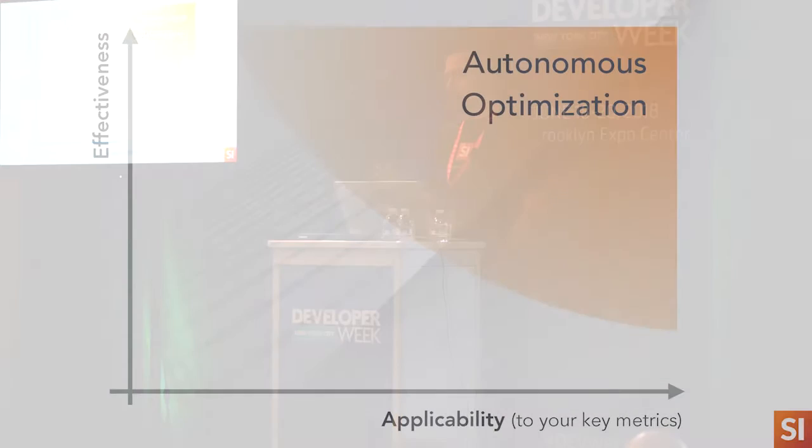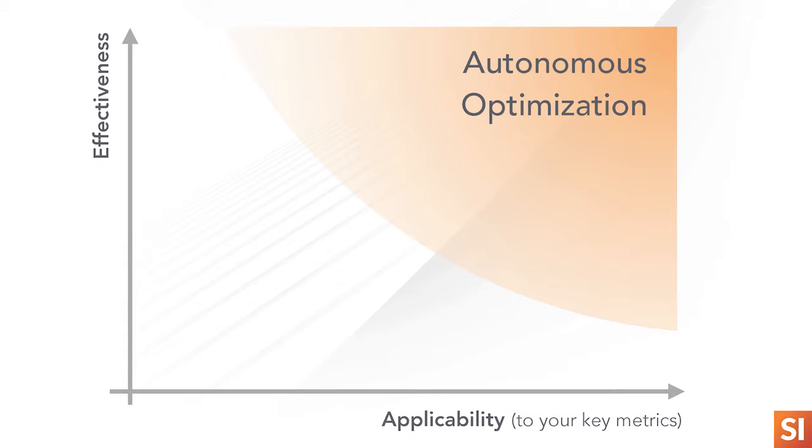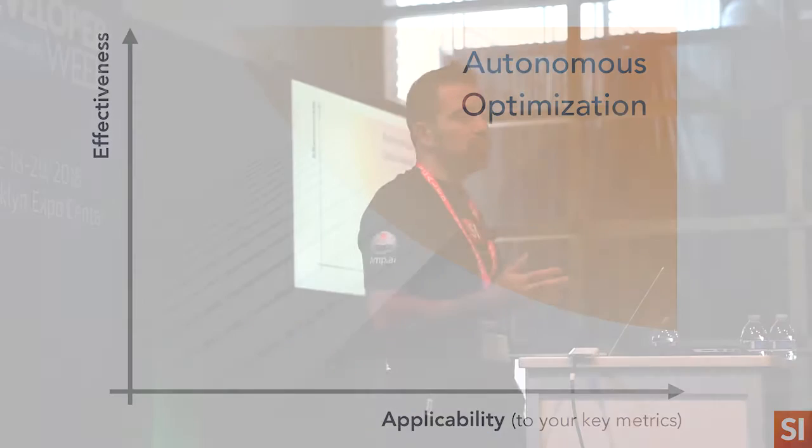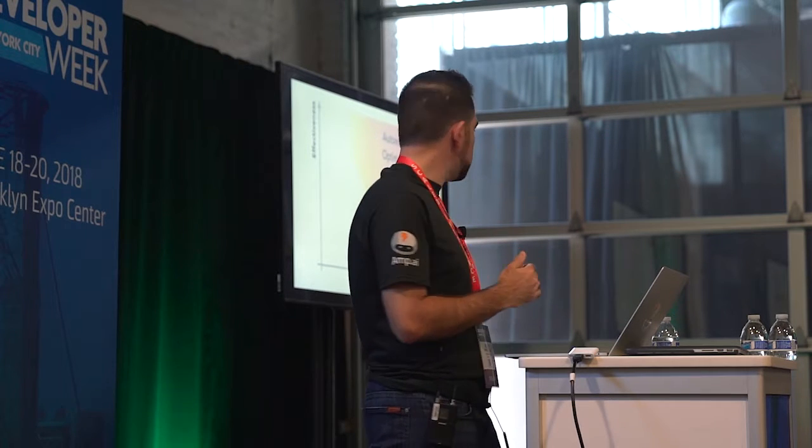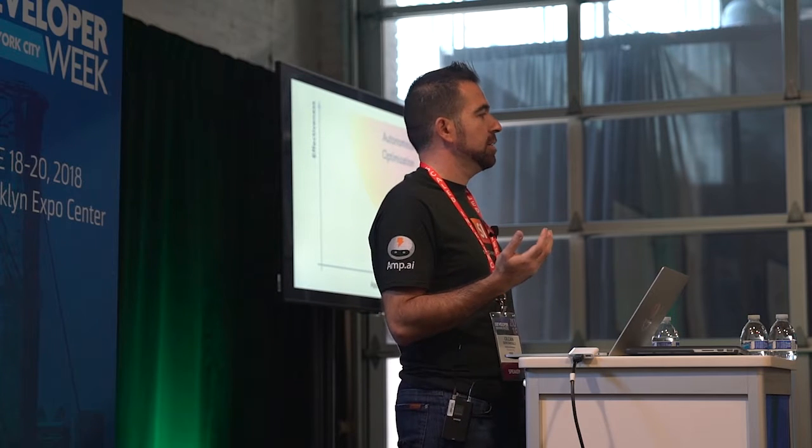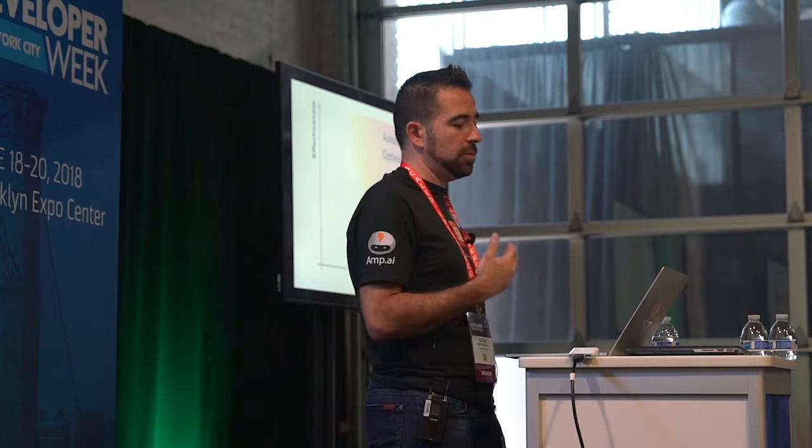Now, in this chart, I look at, at a very high level, how autonomous optimization would compare to other methods in terms of effectiveness in improving your metrics, and on the horizontal, the applicability to the key metrics you care about, things like user engagement or retention or revenue.